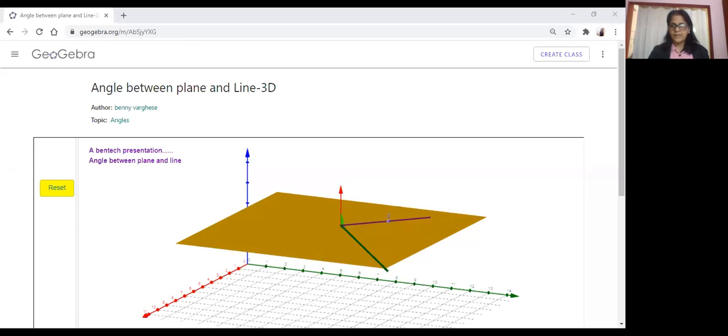Okay, so let me take you to the classroom and I can show you. First let me show you the GeoGebra applet.